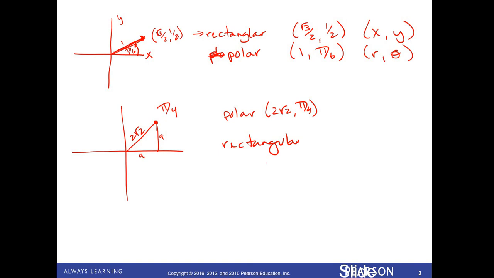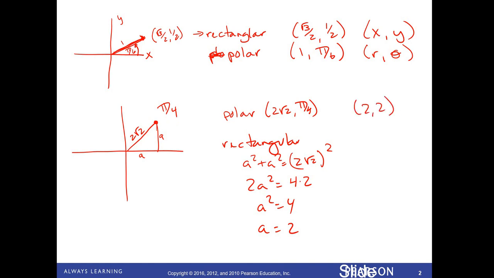So these two values are the same. We can say a squared plus a squared equals 2 root 2 squared using Pythagorean. That would be 4 times 2, dividing both sides by 2, we get a equals 2. So this is the ordered pair 2 comma 2 in rectangular coordinates. We're going to see another way to do that in a little bit as well.